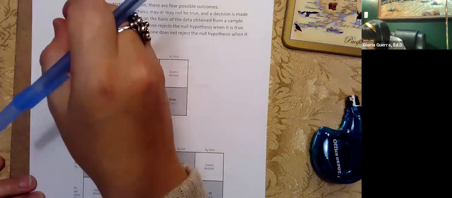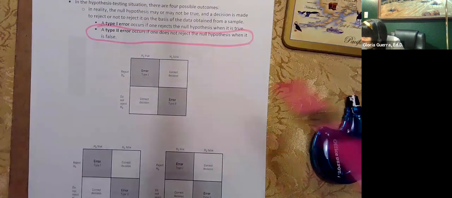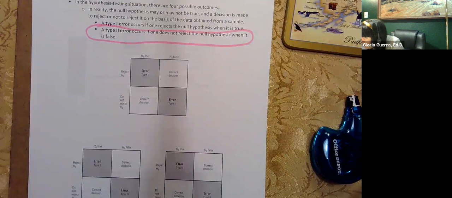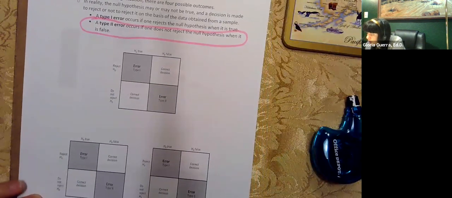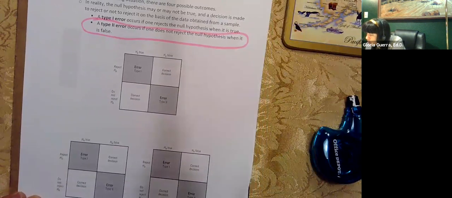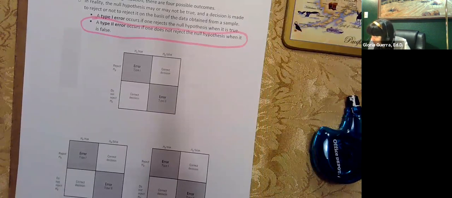I believe on your homework, they ask you more information about the type 2 error that occurs if one does not reject the null hypothesis when it is false. The type 1 error occurs if one rejects the null hypothesis when it's true. So they're going to ask you something related to that. You can study the squares, and they're helpful to look at.